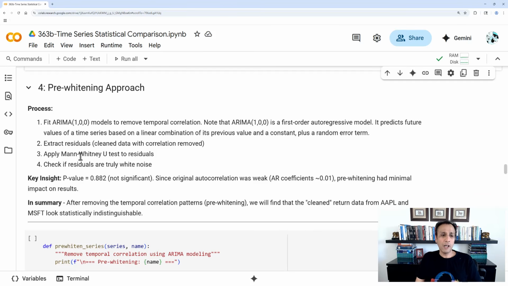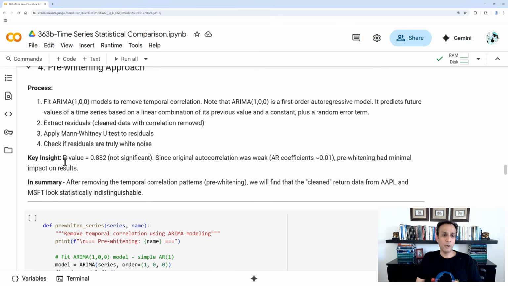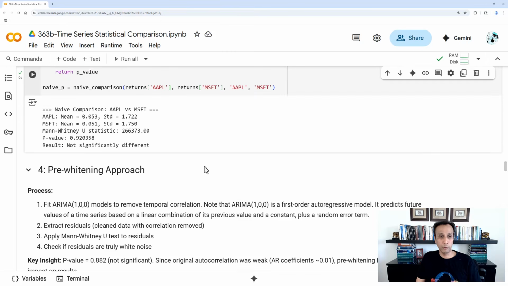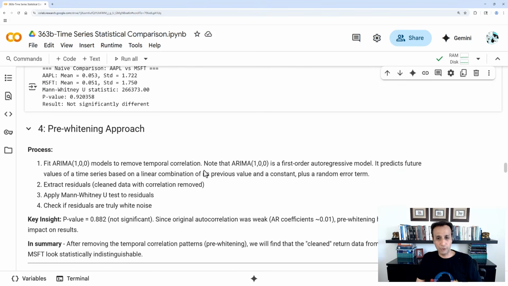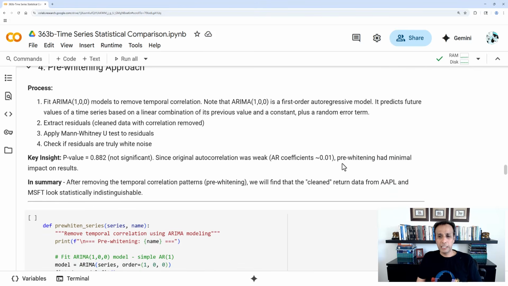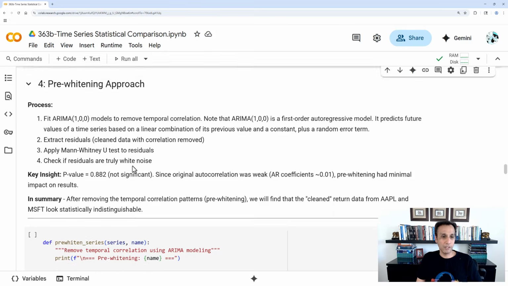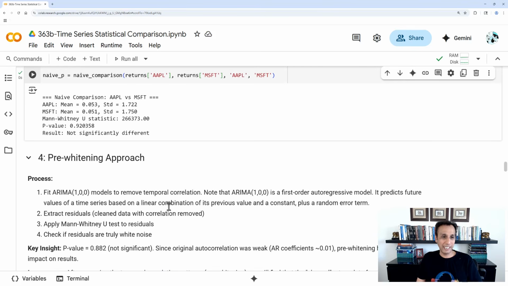That's it. In our case, again, looking ahead, our key insight, our p-value is 0.8, again much greater than 0.05, which means our original autocorrelation was weak to begin with, right? So did we look at those autocorrelation values? I thought we would look at those right here. But our pre-whitening had minimal impact on results, right? I mean, our p-value here is 0.882.